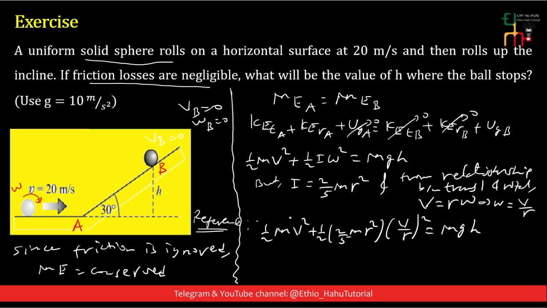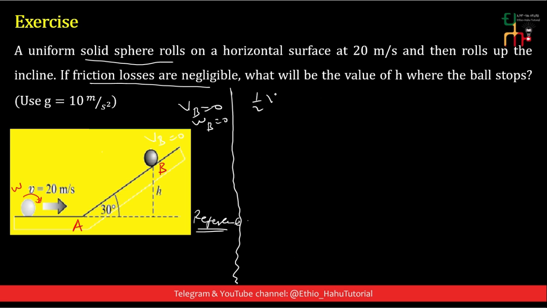On both sides we have m. m goes with m. 1 over 2 v square plus here 2 goes with 2, r square goes with r square. We are left with 1 over 5 v square. So 1 over 2 v square plus 1 over 5 v square is equal to g times h.